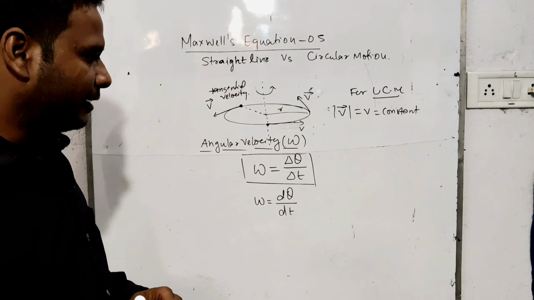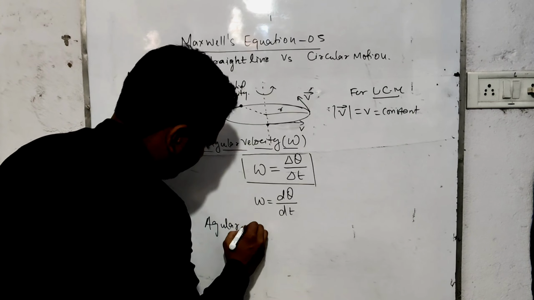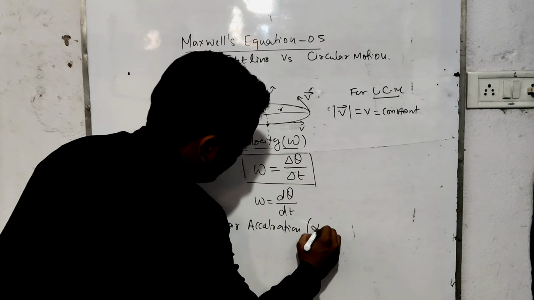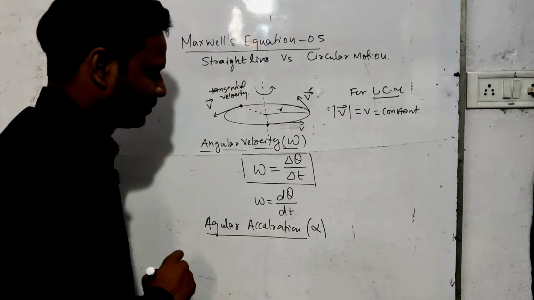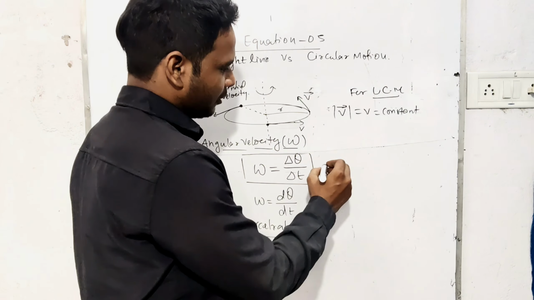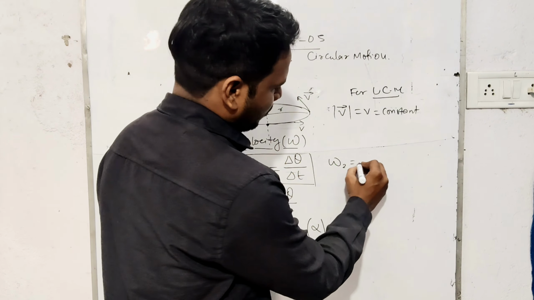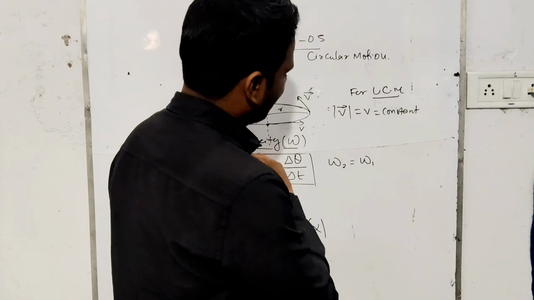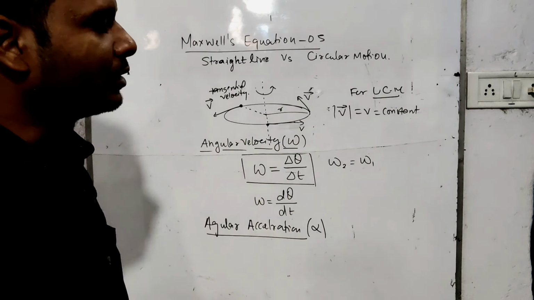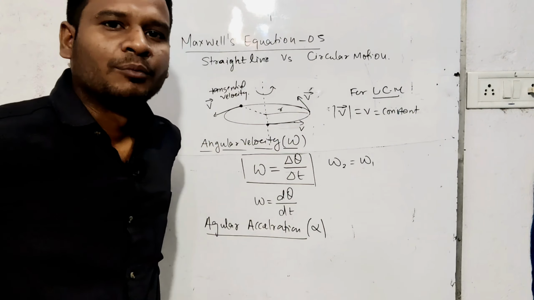Also, there is angular acceleration, denoted by alpha. So you can write the equations of kinematics for circular motion as omega 2 = omega 1 + alpha t, as we use u and v notation in straight line motion.